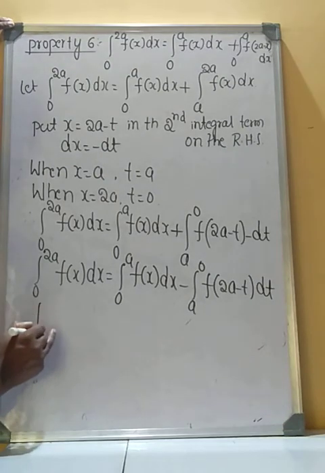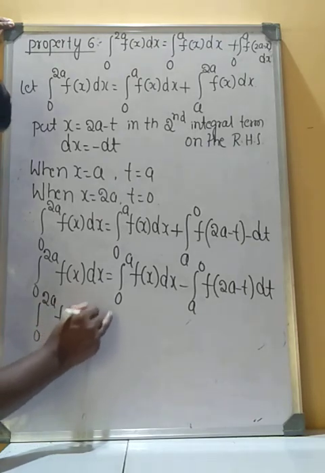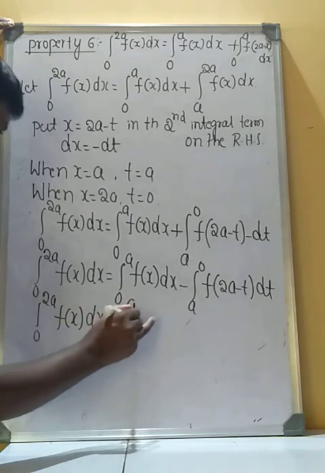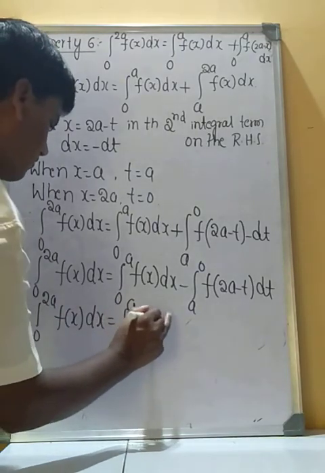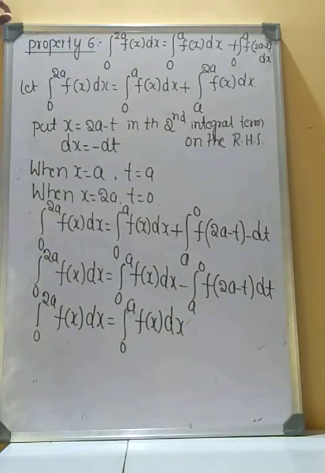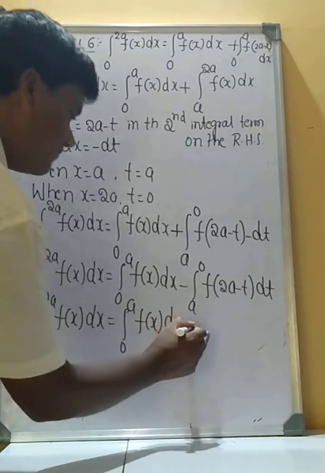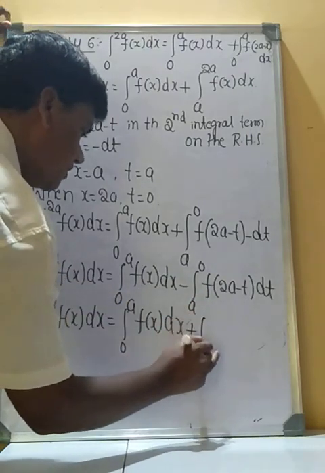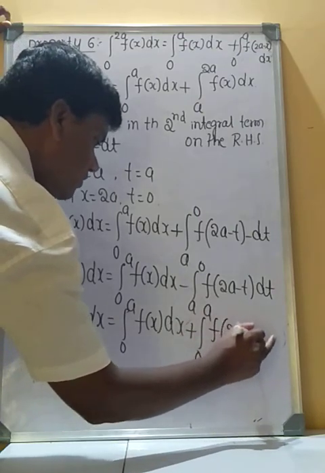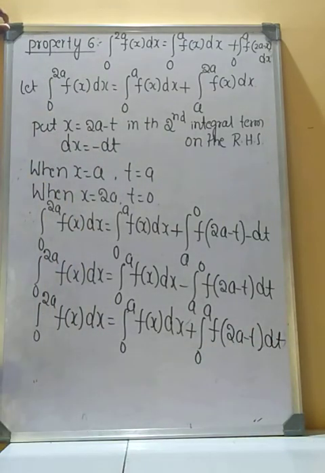So therefore, integral 0 to 2a f of x dx equals integral 0 to a f of x dx. Now by using property 2, interchange of limits, plus integral 0 to a f of 2a minus t dt.